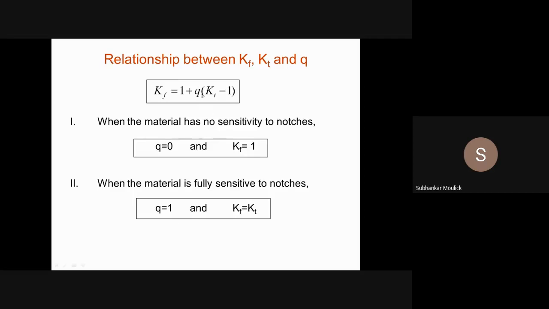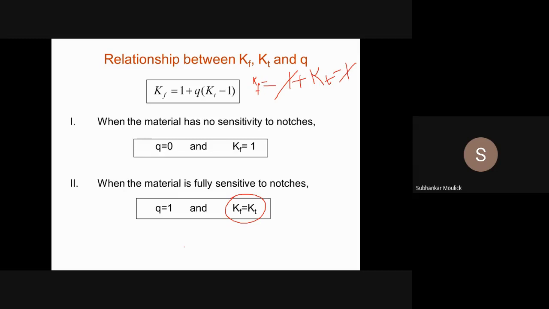If the value of Q is 1, then I can write Kf is equal to 1 plus Q, which is 1, times Kt minus 1. The 1 cancels. That means Kf is equal to Kt. That means when material is fully sensitive to notches, then fatigue stress concentration factor will be equal to stress concentration factor.